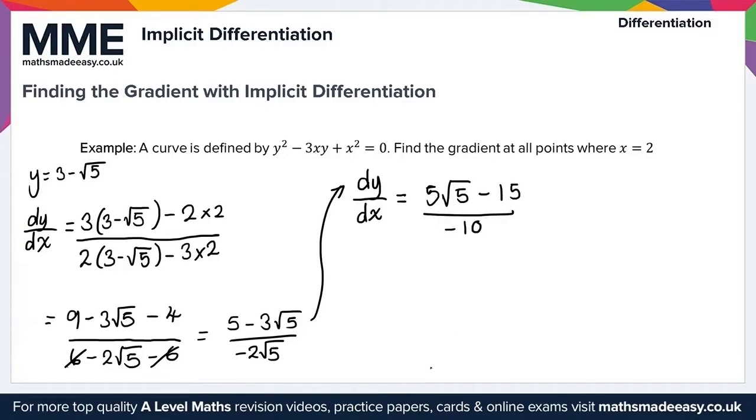Okay, and again, simplifying this one step further, for dy by dx we get 3 minus root 5 all over 2. Okay, so that's dy by dx. So therefore, the gradients at x equals 2 are 3 plus root 5 over 2 and 3 minus root 5 over 2. And that gives us everything we need there for finding the gradient with implicit differentiation.